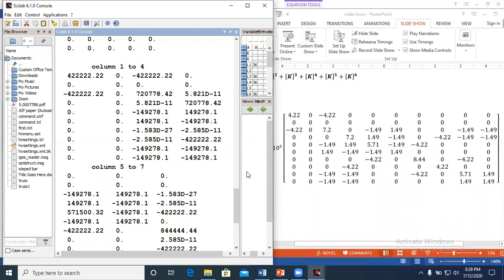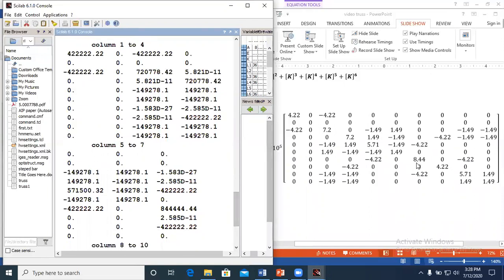Now column 5, where is column 1 2 3 4 5, this is 5. Now first two terms are 0. Next is minus 1.49, 1.49 and 5.71, 1.49, 4.22. Column 6, this is 6. On 6, all terms are 1.49. You see this one. On 7th, first 4 terms are 0. Then 4.22.